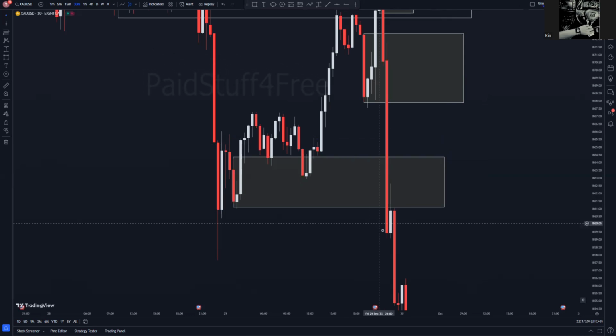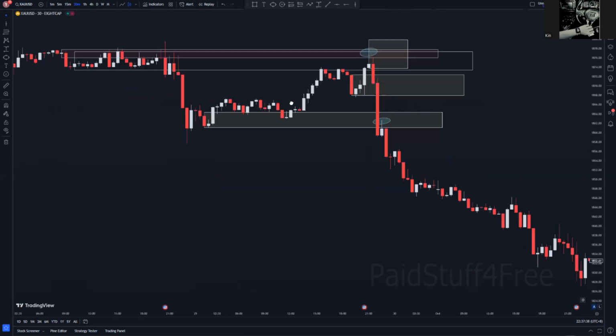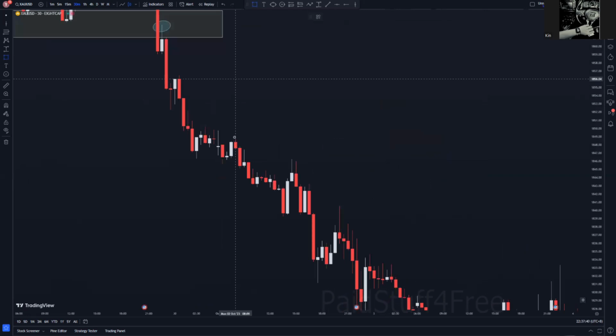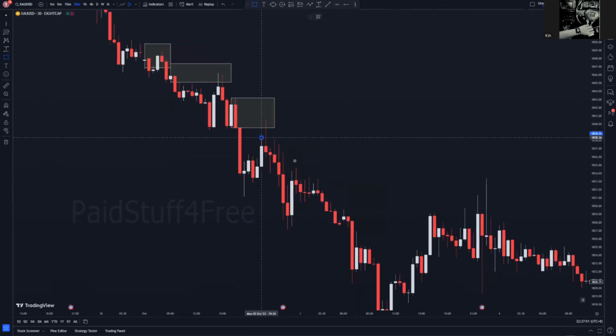After the price creates an EF, just wait for the pullback and then look for the confirmation entry. And why did the price go down from here? Because there was a confirmation entry somewhere around there. Okay, so re-entry again, re-entry again.